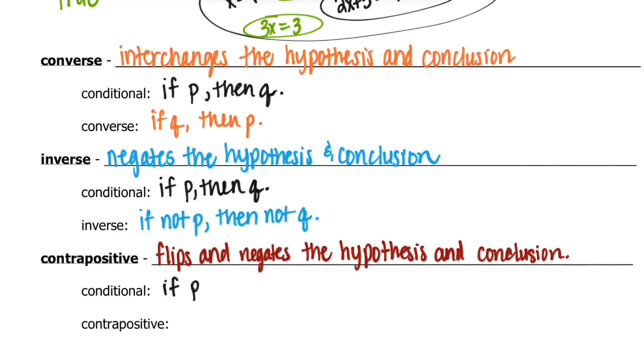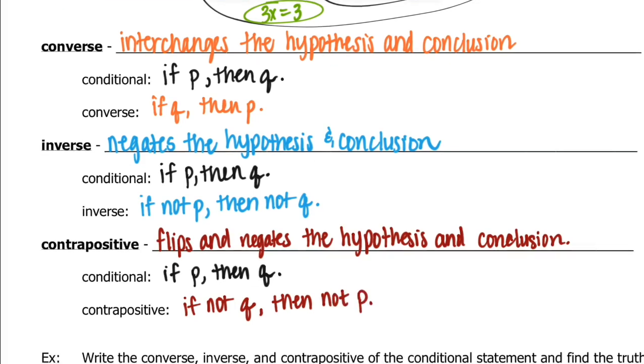So again, if we have if P, then Q, the contrapositive is going to be if not Q. See, I'm going to take the negation and flip it at the same time. If not Q, then not P.